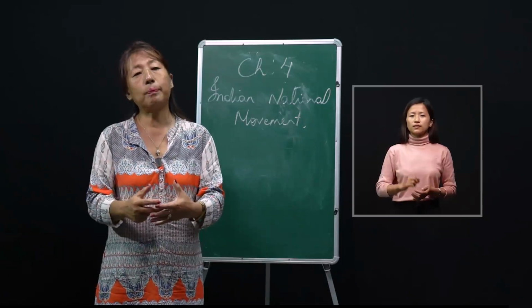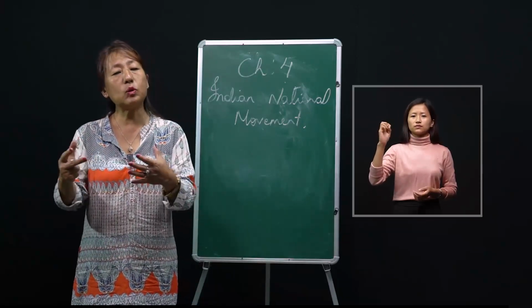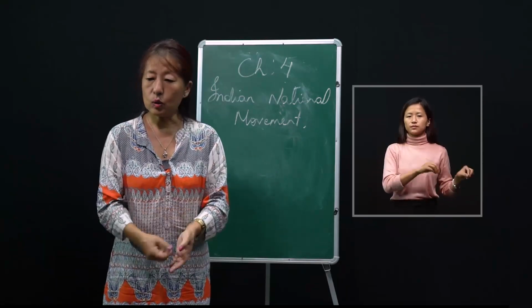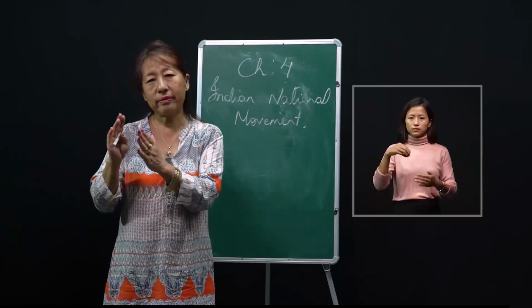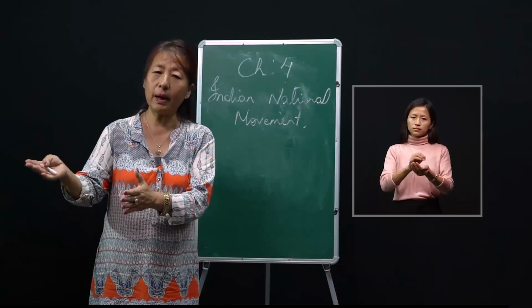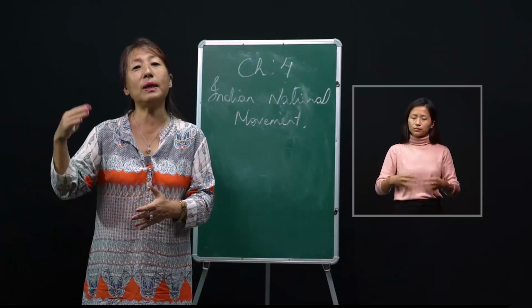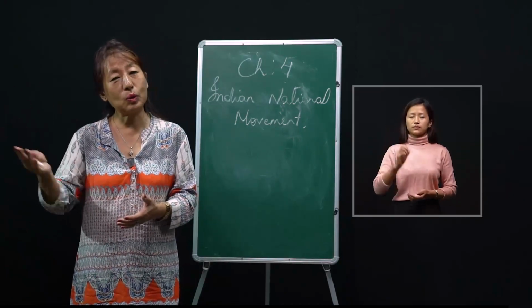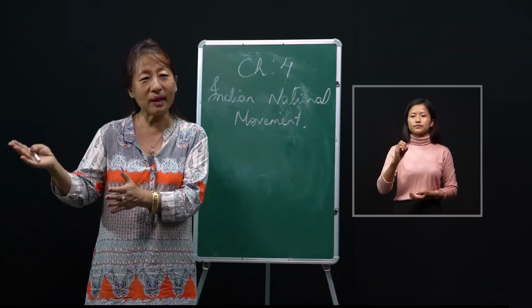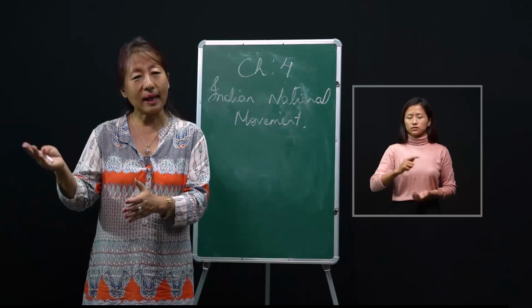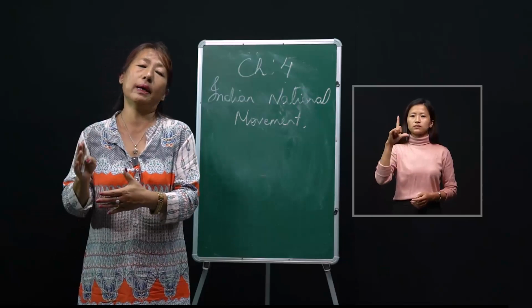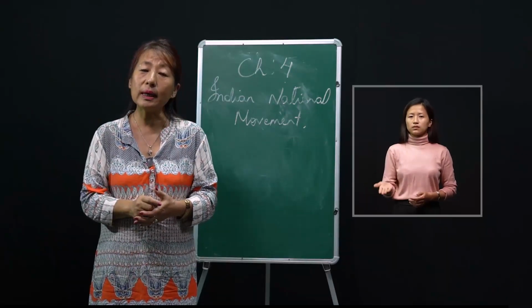But this is how the Britishers were able to put an end to the Quit India movement. In your textbook, they have given only that much. The remaining part, the continuation, will be for class 10. That is next year, if you pass and go to class 10, you will be studying it there. So for class 9, it is up to the Quit India movement.